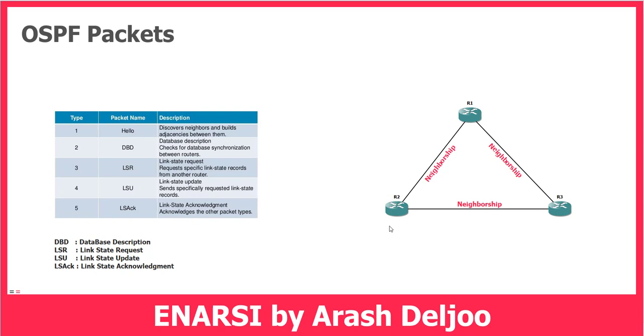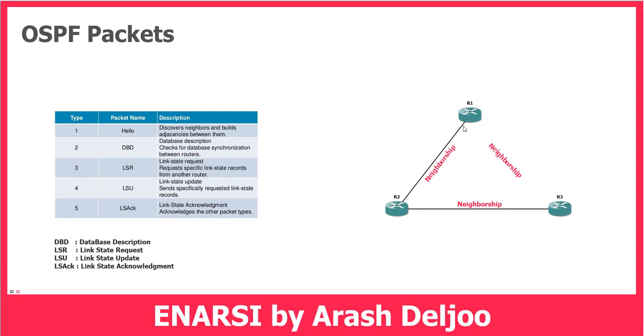But in the link state protocol, when R1 is creating one link state, we expect this link state to be received by all routers without any change. In this scenario, as you can see, we have one direct link between router 1 and router 2 and router 3. Assume that we don't have a link between router 1 and router 3.